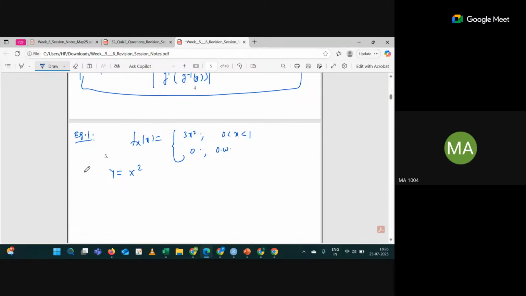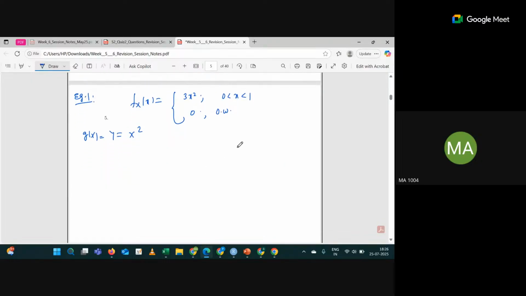So this is g of x, given to you. First of all, we need to check the graph of x square for the support of x. Suppose this is 0, this is x. The graph of x square looks like this. Would you agree?